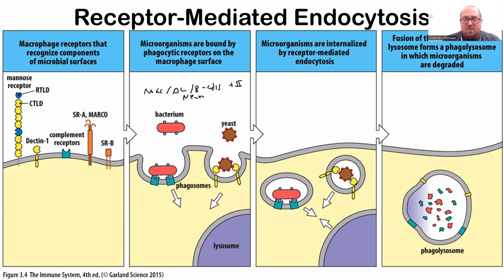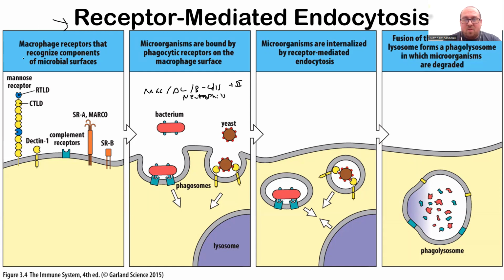Neutrophils also fit this bill. So neutrophils also are phagocytes. All four of these different kinds of cells can do something called receptor-mediated endocytosis. And this receptor-mediated endocytosis is very much specific for the ability for phagocytosis.